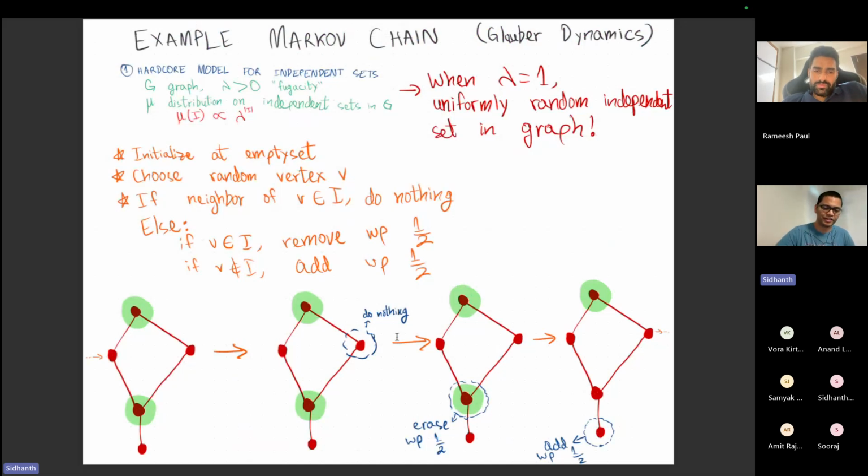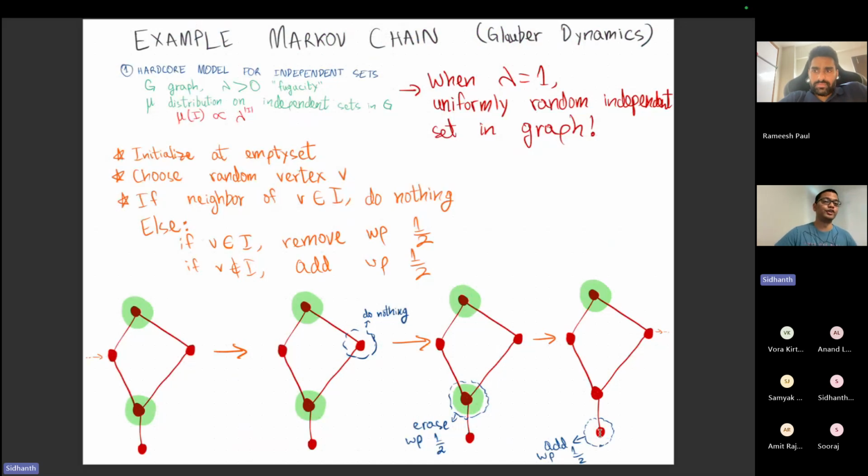So you just do nothing. Okay, then you resample another vertex. Now you sampled this vertex here at the bottom, which is in the independent set. So you erase it with probability half. Okay, and then you did in fact happen to erase it, and then on your next step you encountered this vertex at the very bottom, and you add it with probability half, and so on.